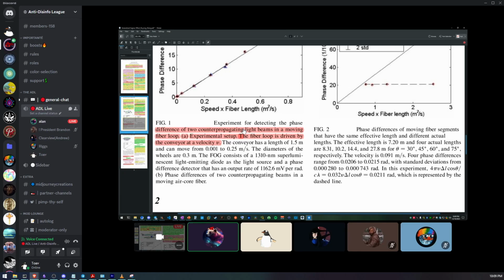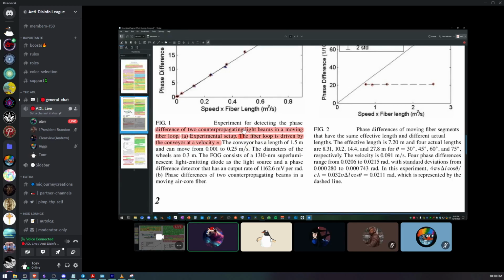The phase difference of moving fiber segments that have the same effective length and different actual lengths. The effective length is 7.2 meters, and the four actual lengths are 8.31, 10.2, 14.4, and 27.8 meters. For theta, we have 30 degrees, 45 degrees, 60 degrees, and 75 degrees, respectively.